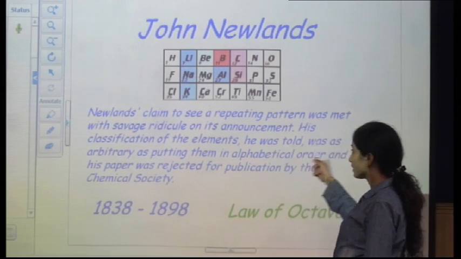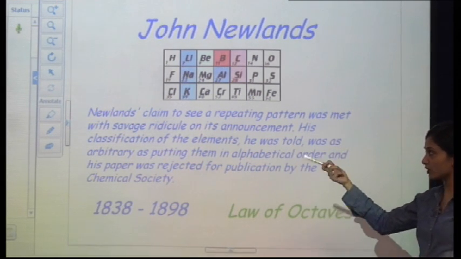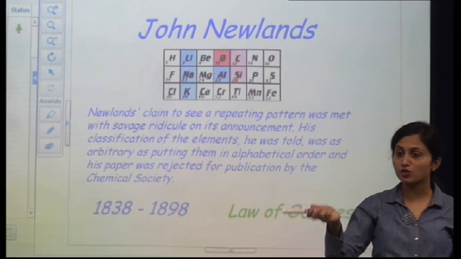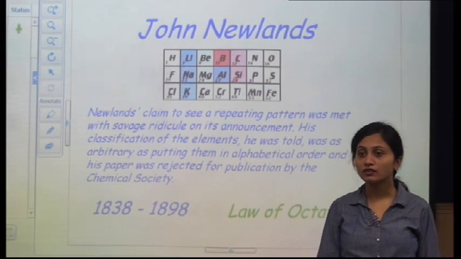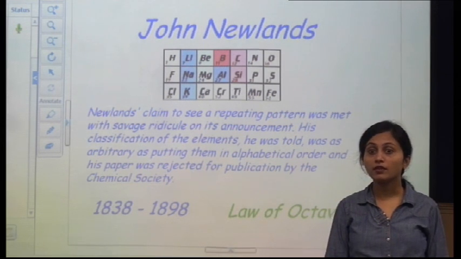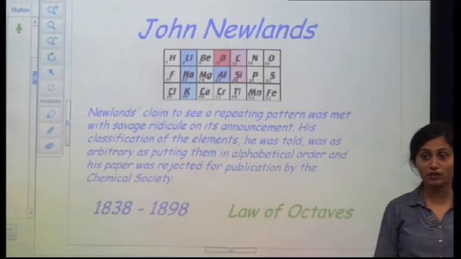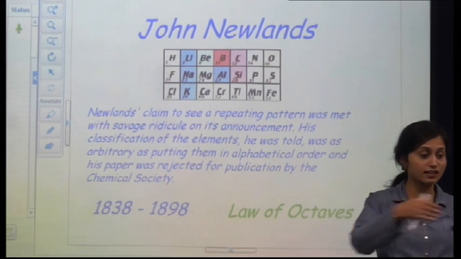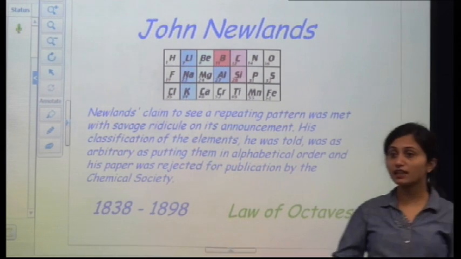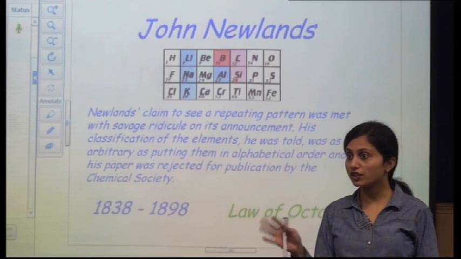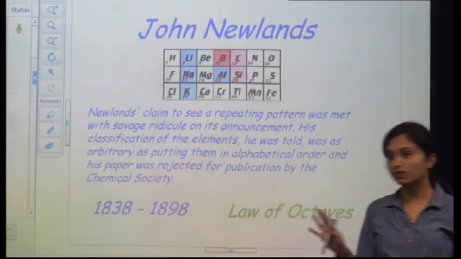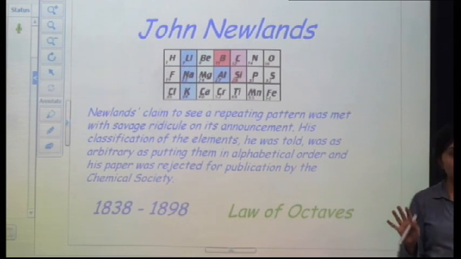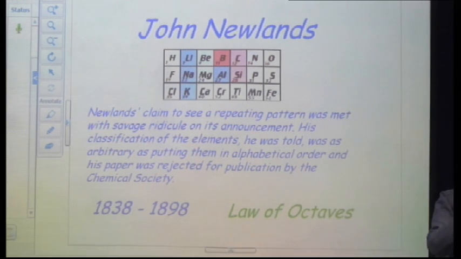Again, I told you this before: earlier, whose hypothesis was not widely accepted? When we talked about the quantum theory, Planck's hypothesis, because Planck stated that you can have a discrete form of energy. I hope you remember the atomic structure. You're going to give a test on it today, right? So what you have is the jumping of the electron from one level to another level.